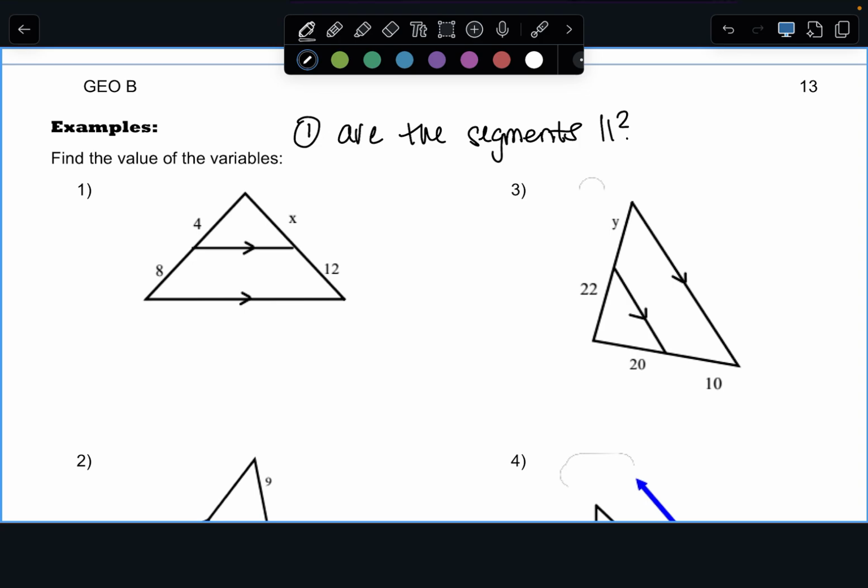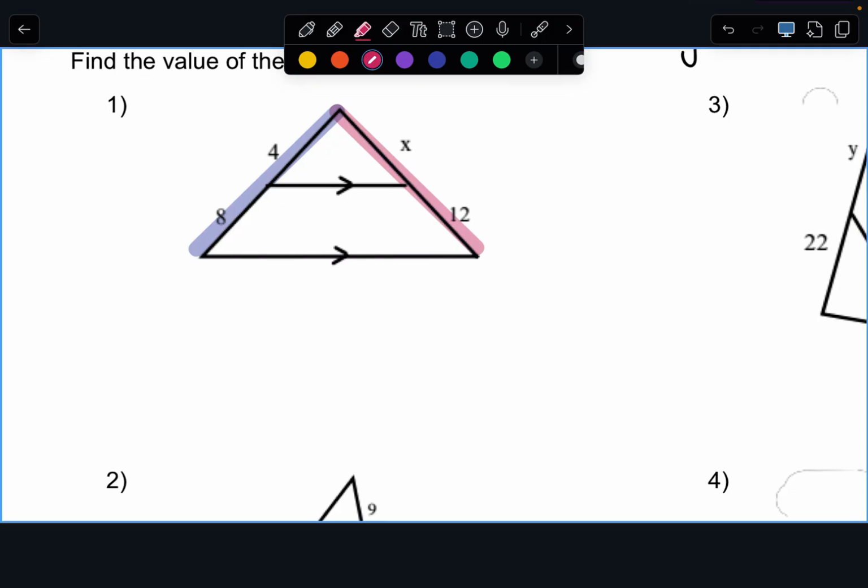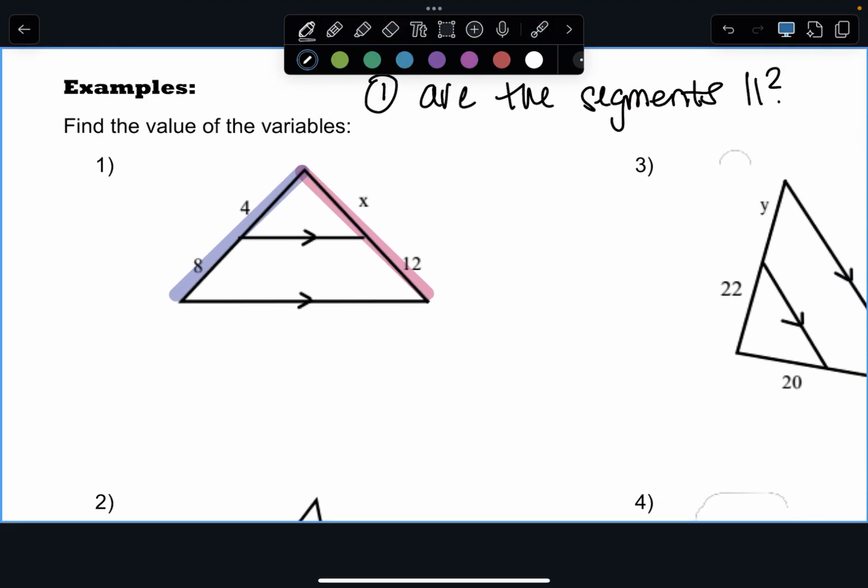Let's look at my parts. If I label this side blue and pink, what is one length or number that corresponds to one of the parts of the blue side? 12's the whole thing. What's one of the parts? 8. Okay, so 8's a part. And my other part is 4.